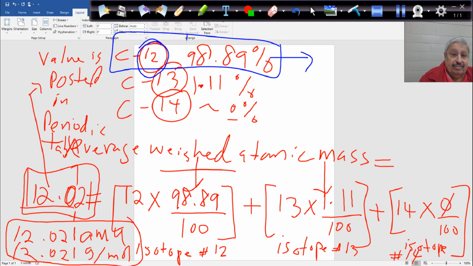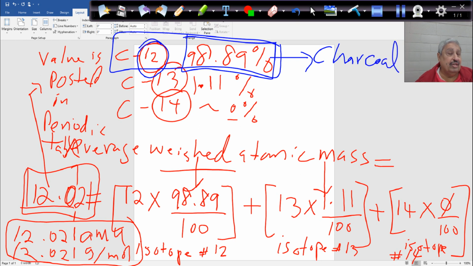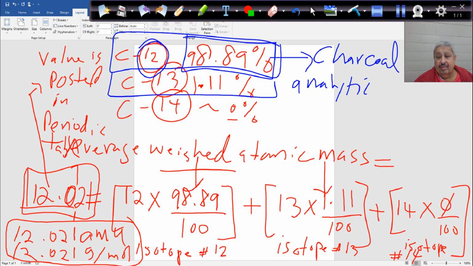The most abundant isotope controls the outcome. Its usage is our well-known charcoal, and carbon 13 is used in analytical forensics.